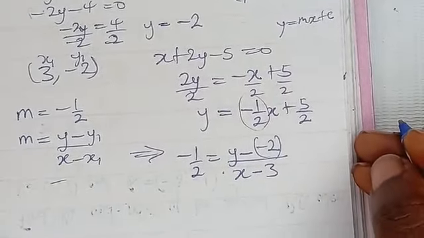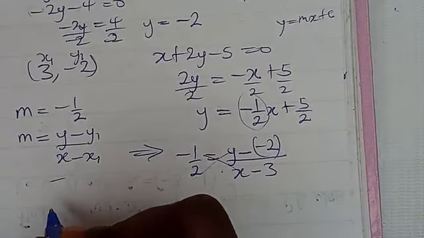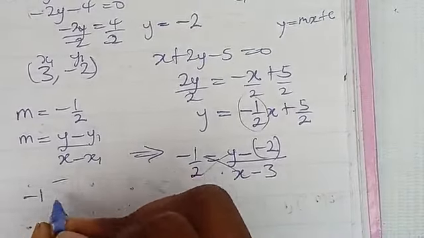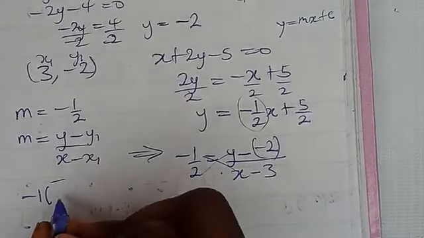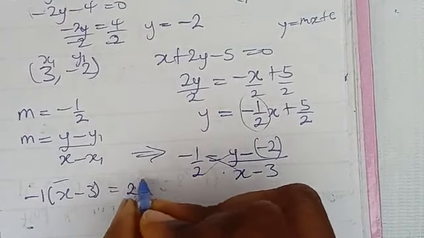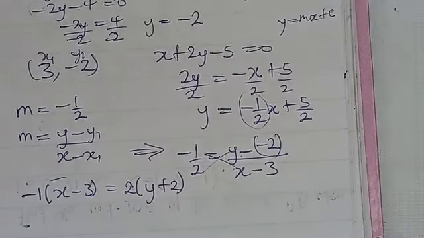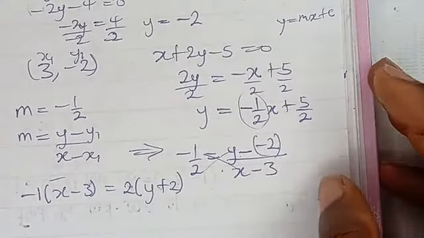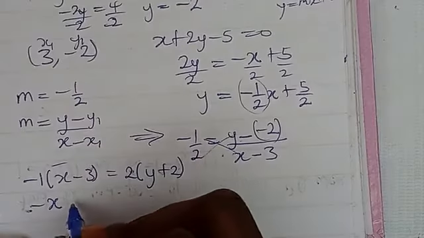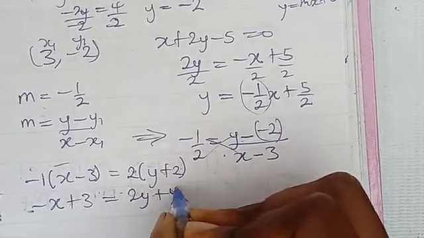We now cross multiply. We have -1 times (x - 3) equal to 2 times (y + 2). It becomes plus 2 because minus times minus gives us plus. We open up the bracket. We have -x + 3 = 2y + 4.